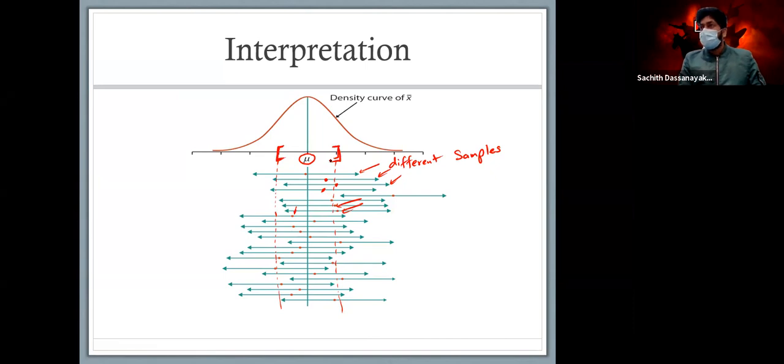This sample mean also is covered. But these ones are not. So you can see we can increase our interval. Once I increase it this much, it covers almost all sample means. Clear?